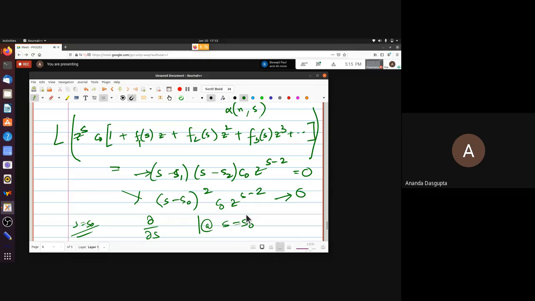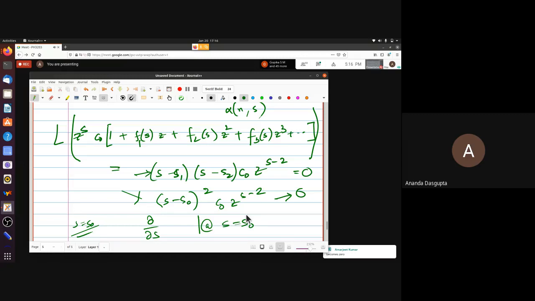Come on, that's very easy. What is the value of S minus S0 whole square Z to the S minus 2, if you partially differentiate with respect to S and then put S equal to S0? So 0 only. Yeah, it becomes 0.